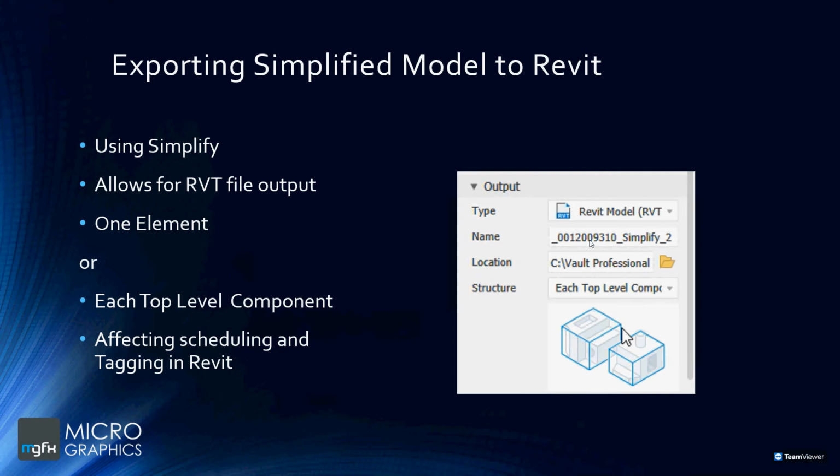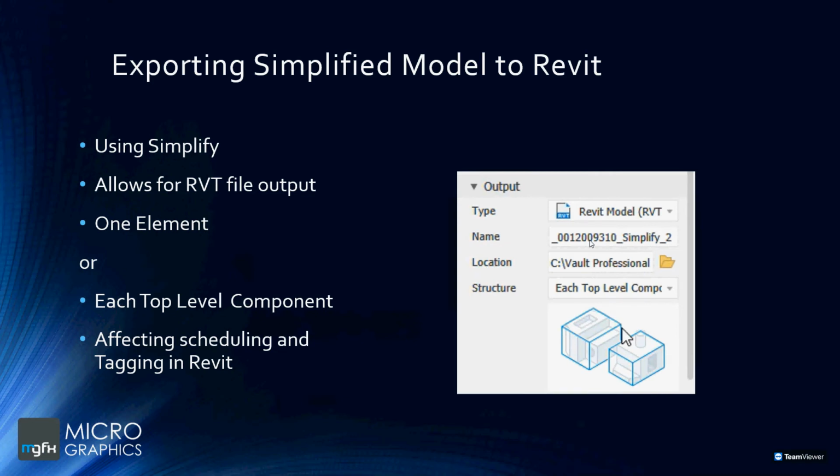So after selecting the output as the Revit model, the user would then specify the file name and location to save it. You would also specify all your simplification options. And then lastly, the user is able to select how they wish the file to be structured for scheduling and tagging in Revit. So you'll see there's a structure option in the image on the right. And this can be set to one of two options.